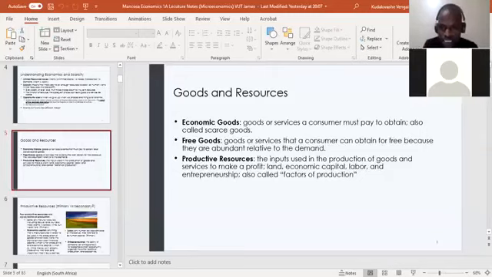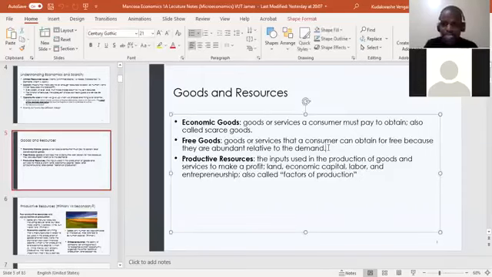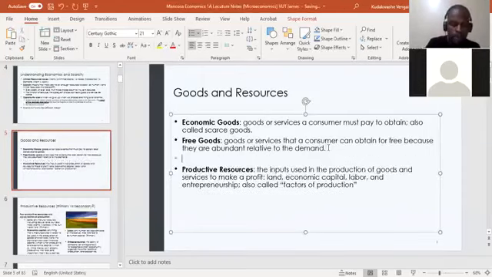I didn't include this in my notes, but let's just type it in. We can also talk about what we call consumer goods versus what we call capital goods. So when we're talking about consumer goods, we're talking about goods for direct current consumption.